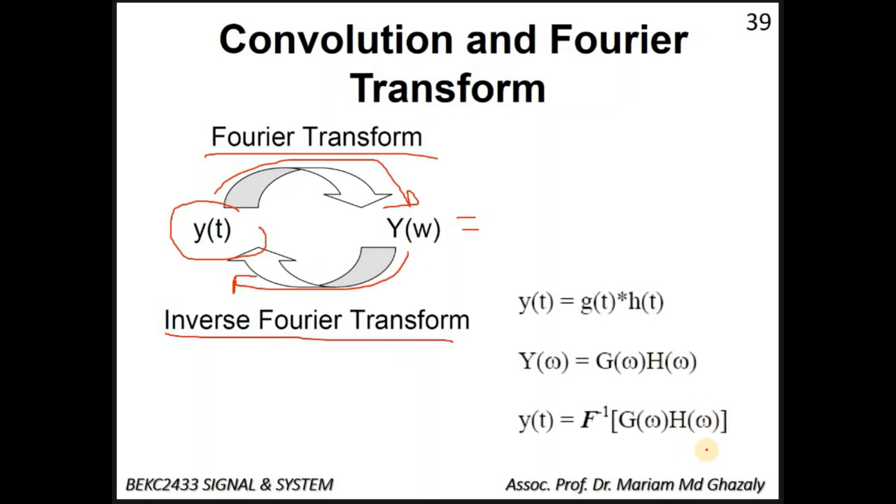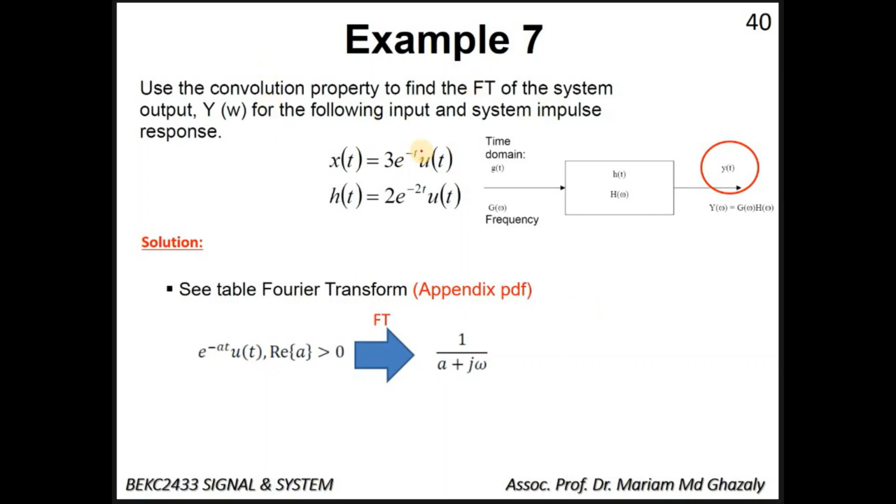Let's look at example 7. Using the convolution property to find the Fourier transform of the system Y(omega). You will need to find Y(omega) for the following input. You're given the input here; let's say this one is input x(t), so this is not g(t) but x(t).